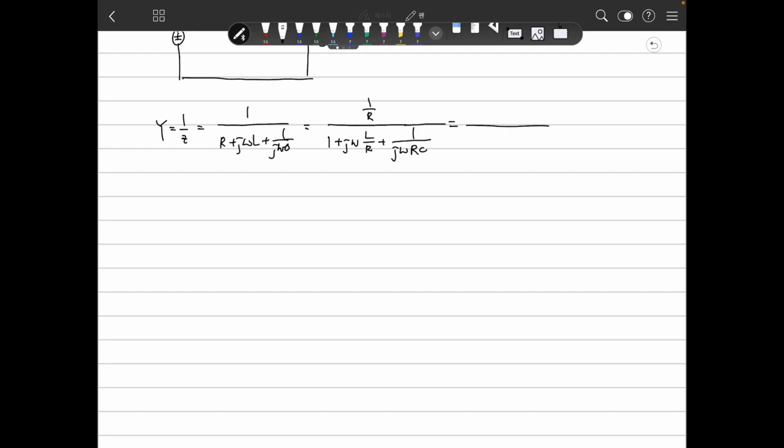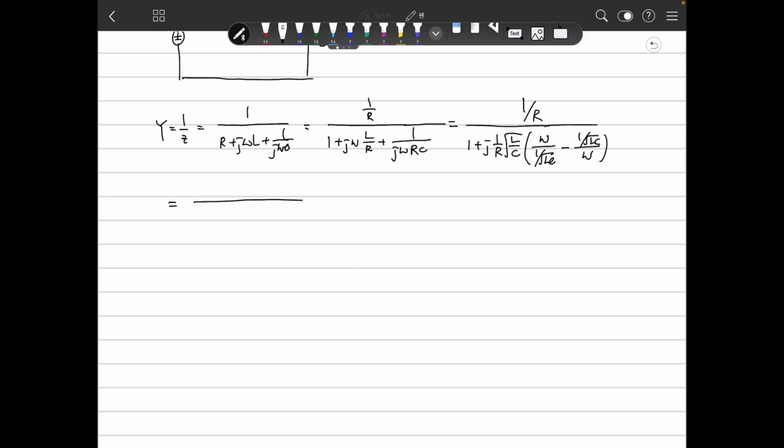Then to present it, 1 plus J times 1 over R root of L over C times (omega over omega 0 minus omega 0 over omega).